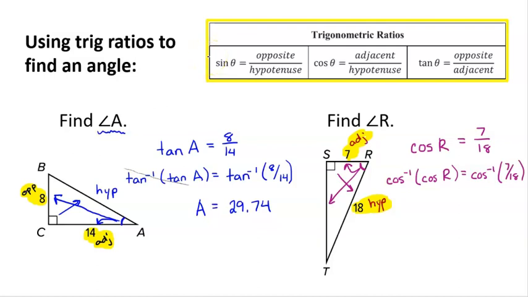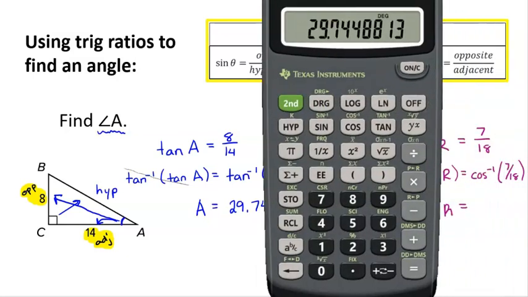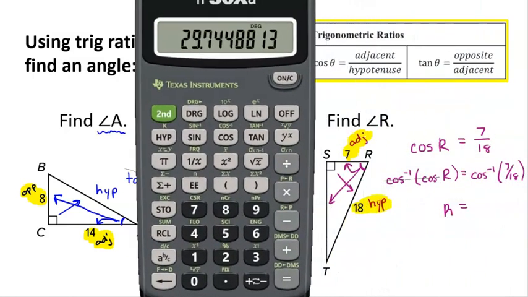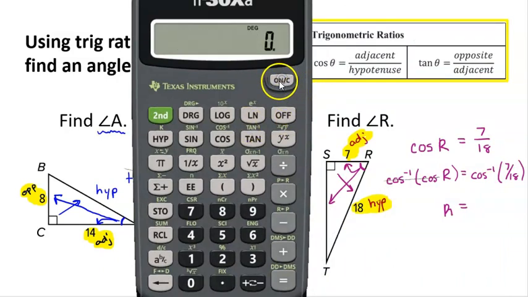This is going to cancel, and we're just going to be left with R. And then I'm going to put my fraction in my calculator. So I'm going to clear everything out. 7 divided by 18 equals. And then I'm going to do second cosine, and that's going to be 67.11.